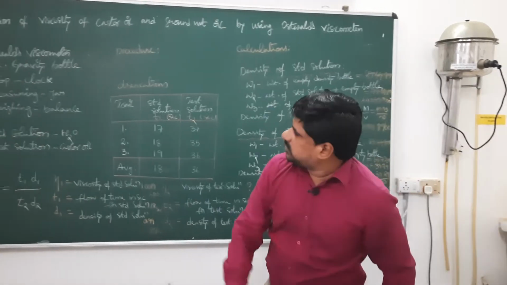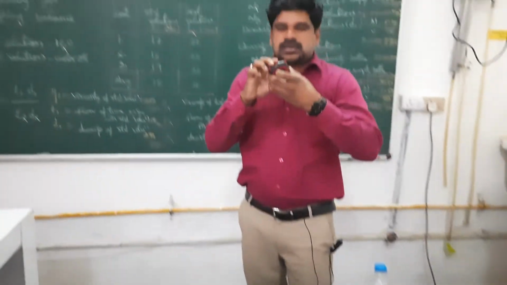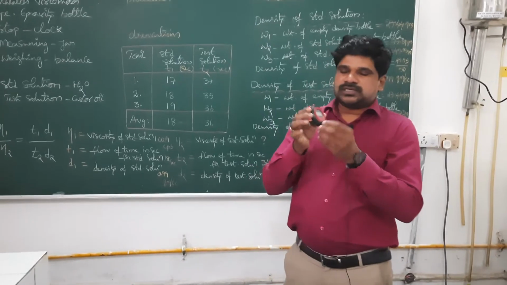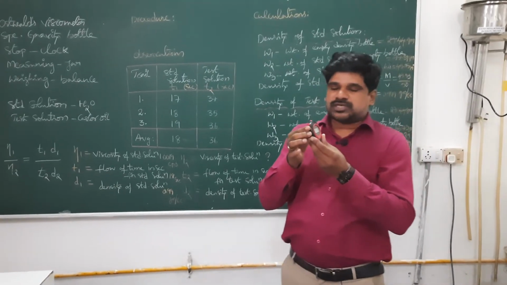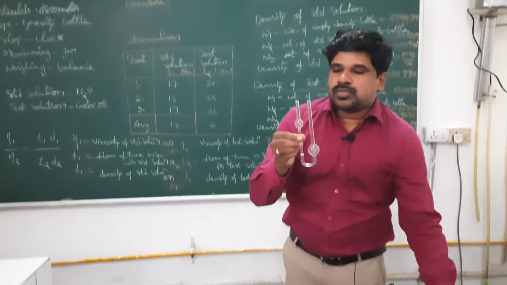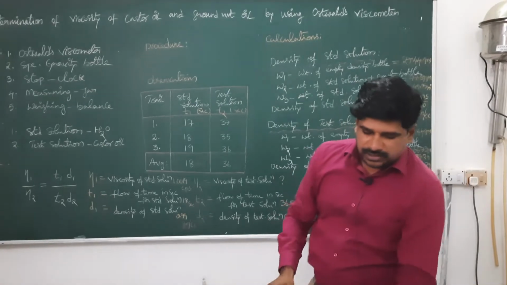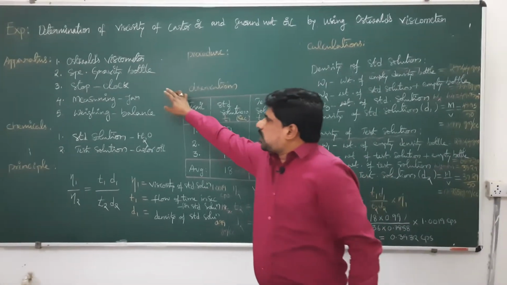The third one is the stop clock, or stopwatch, to measure the time required, that is, how much time is taken for the solution to flow from mark A to mark B in Ostwald's viscometer. That is the use of the stop clock.